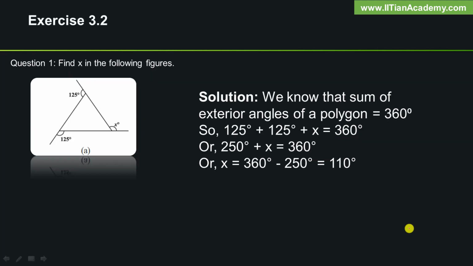Here, we have to find the value of x. We know that the sum of exterior angles of a polygon is 360 degrees.